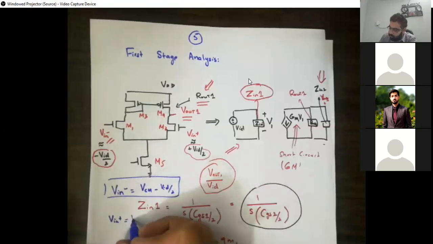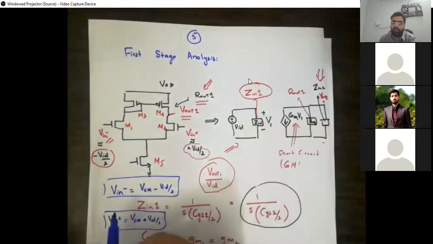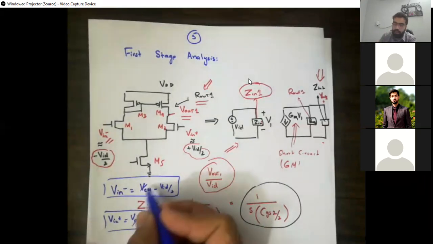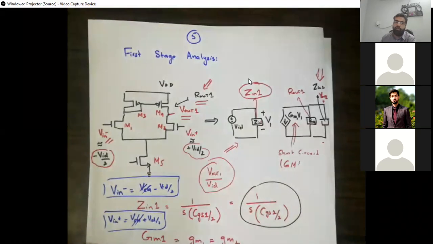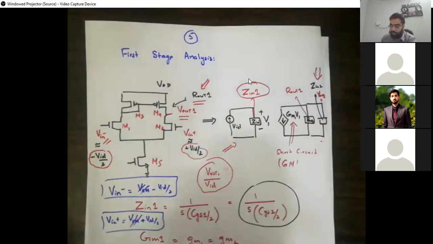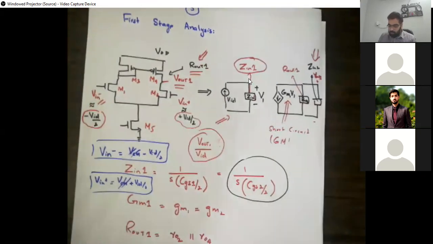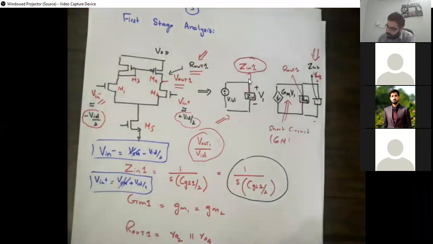V common mode, same signal plus VID by 2. If you remember the differential lecture, we are not interested in the common mode analysis since we are only interested at this moment in the differential gain. So we will make this VCM go away and we will just apply the differential signal, which is minus VID by 2 and plus VID by 2.